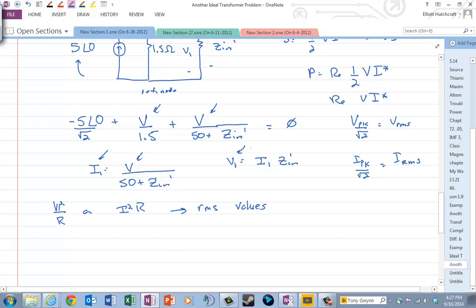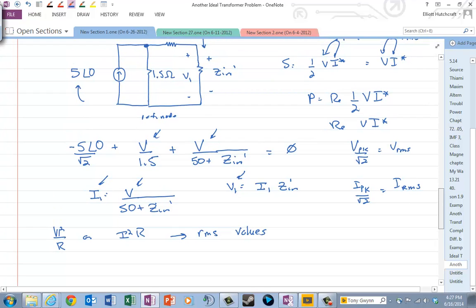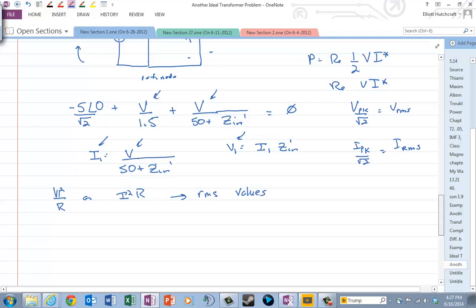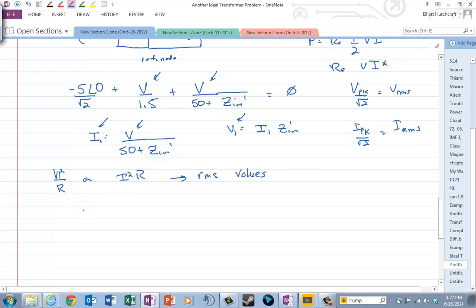So that makes it real easy to do. And so then once I've gotten this V1, then this V1 is equal to I1 Zn prime, okay, well, that's great. That is in RMS.